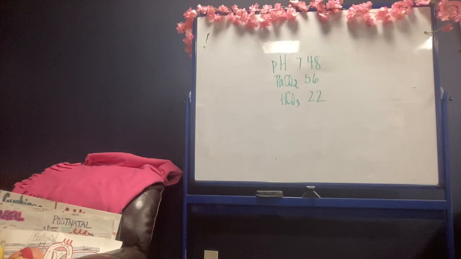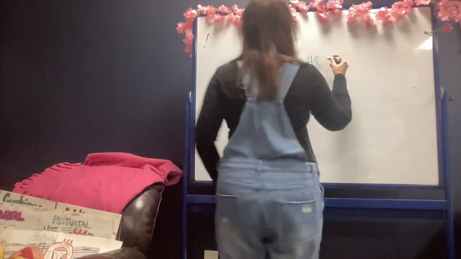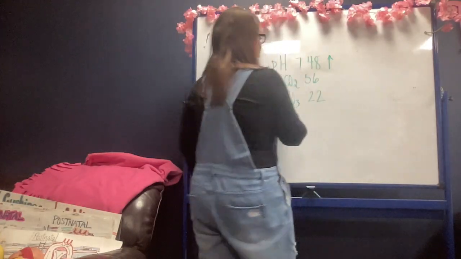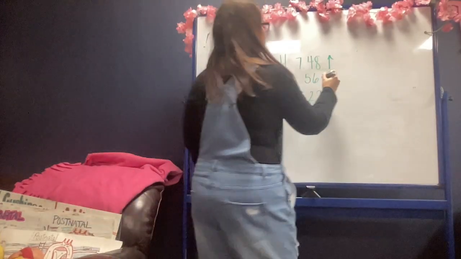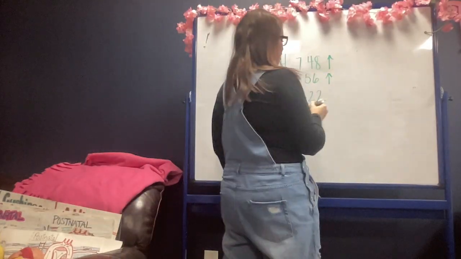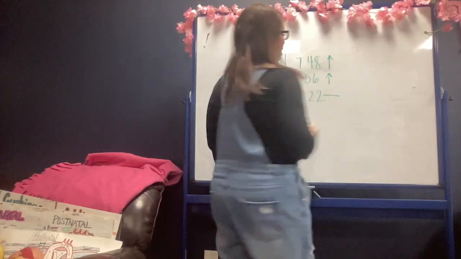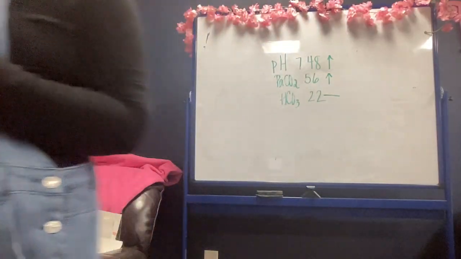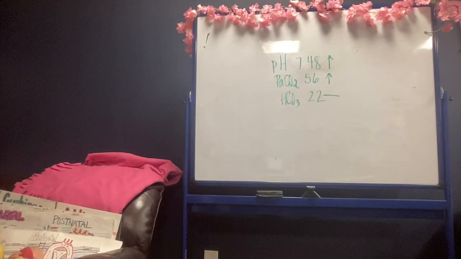What's step number 2? If you look at pH, draw your arrows. Okay, so the pH is high or low? It's high. The PaCO₂ is high or low? High. HCO₃ is high, low, or normal? Normal. Okay, now you're going to use ROME. Respiratory, the arrows go in opposite directions.